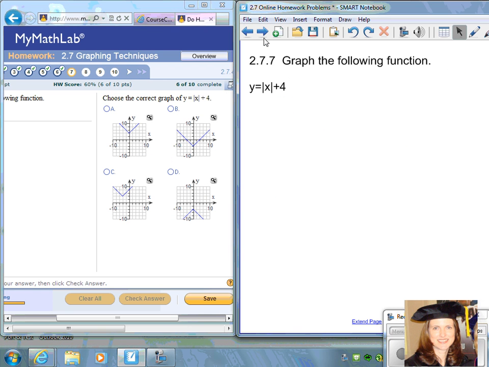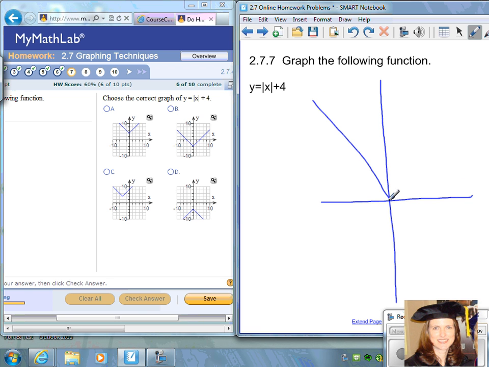Number 7, we want to graph the following function, which is y equals the absolute value of x plus 4. The basic graph of this is the absolute value of x, which is our V graph. This is our graph of y equals absolute value of x.